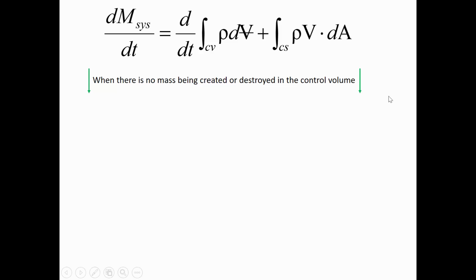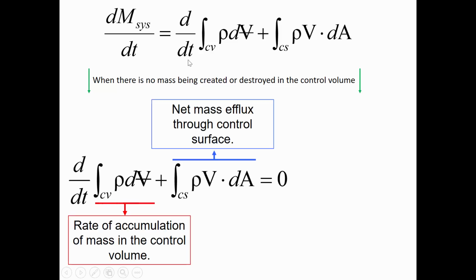Now in this class, we're going to assume that there's no mass being created or destroyed in the control volume. You can worry about reactions in 351, but here we won't worry about reactions quite yet. So we're going to assume that dm/dt of the system's change over time is 0.